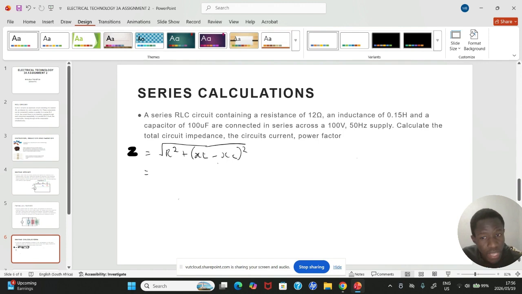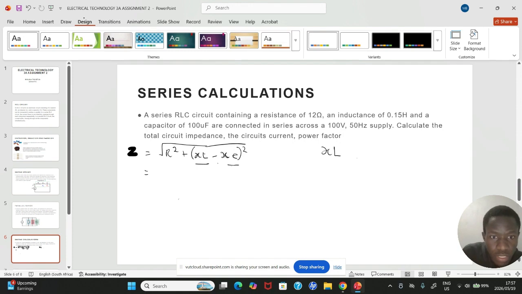But we only have the resistor here. We don't have this one, and we don't have this one, right? So for us to be able to calculate them, we're going to use this formula.